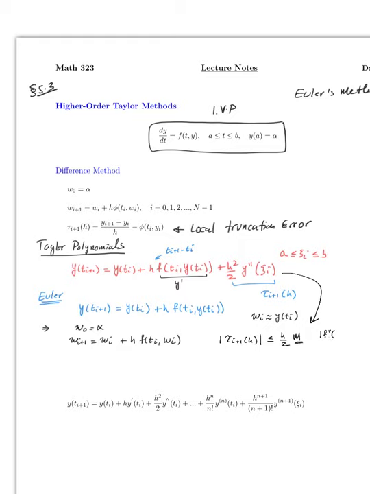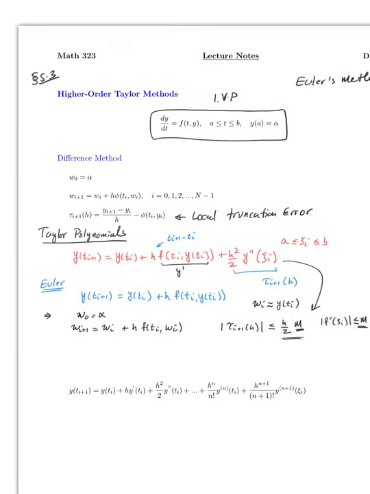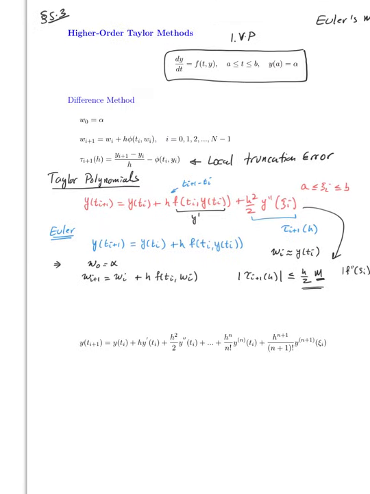Or in other words, the second derivative has to be bounded by M. In fact, Euler's method is actually a Taylor's method of order 1. So Euler is a Taylor's method of order 1.